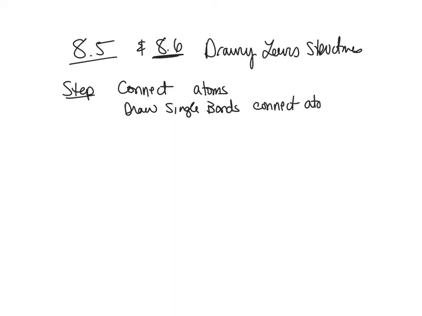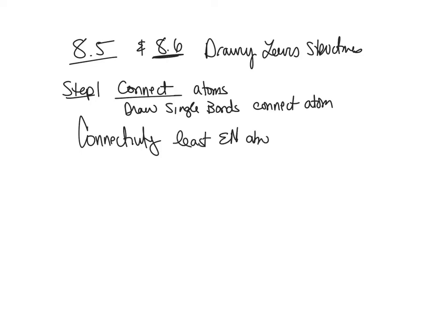We're going to talk about how those are covalent bonds. So connectivity is step number 1. The first thing you've got to do is join every one of these elements. Now the least electronegative atom will be the central atom.